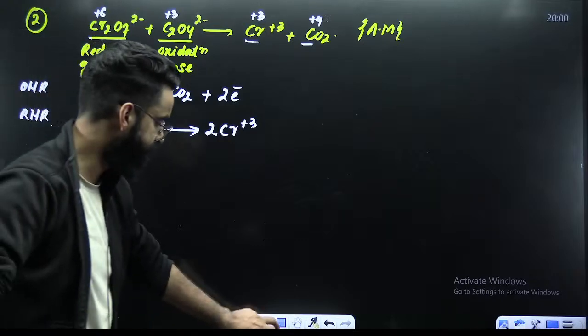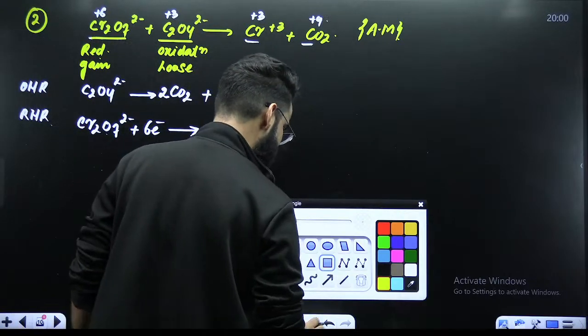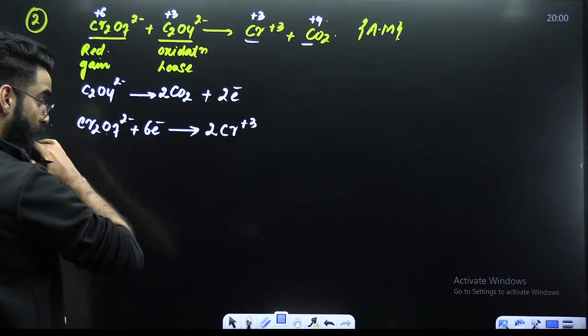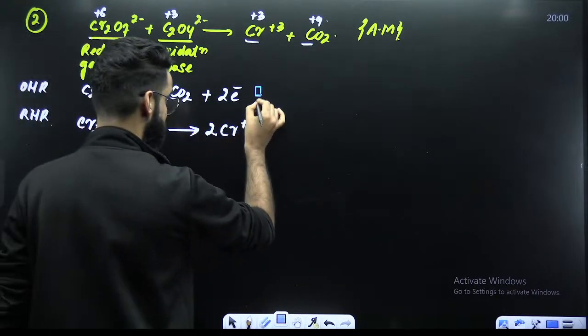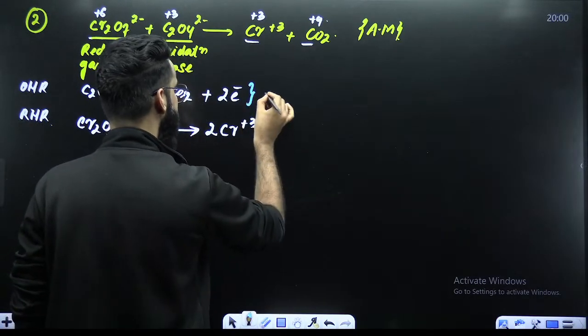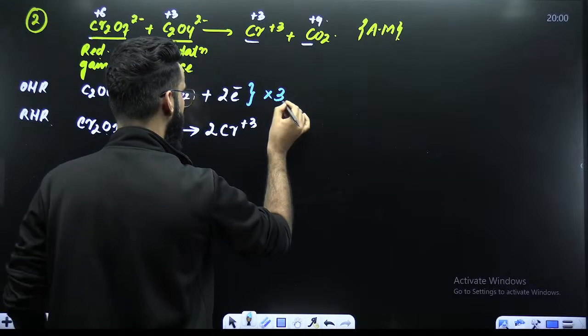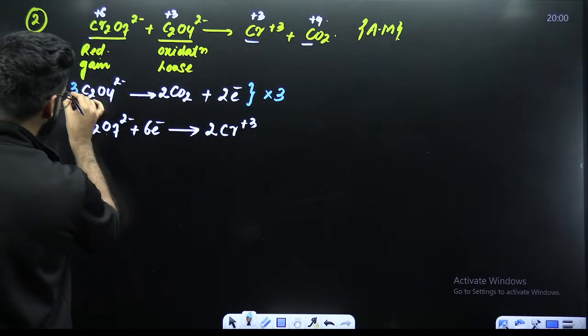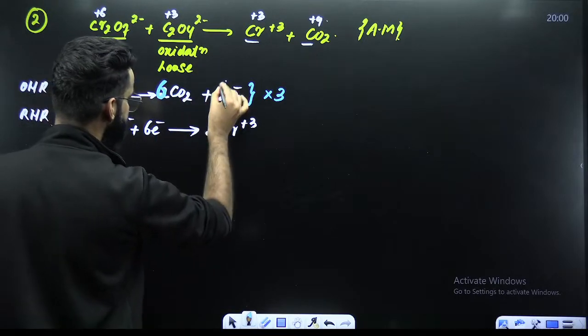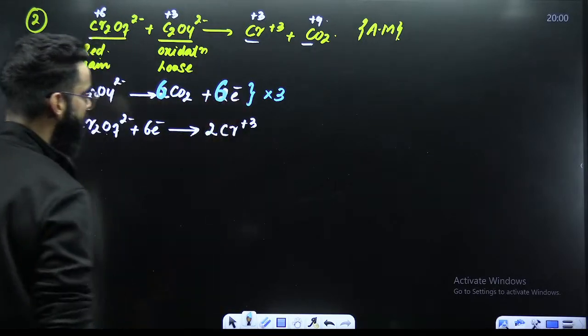Now people, if I ask you, are the electrons balanced here? You will say the electrons are not balanced. 2 and 6. What are we supposed to do? We are supposed to balance the electrons. So multiply this reaction by 3. When you multiply this reaction by 3, it becomes 3 twos are 6 on this side, and 3 twos are 6 electrons on the other.